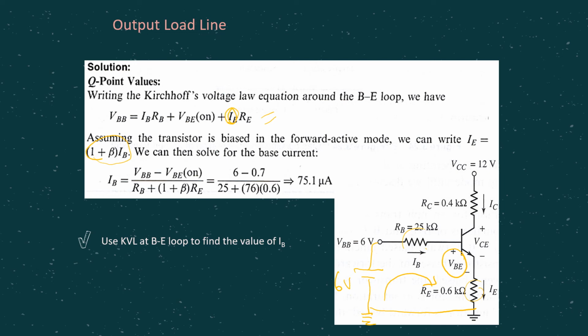Because now in this KVL equation we have two unknowns, IB and IE, we can replace IE with beta plus 1 times IB. Accordingly, we can solve this equation, where we find the value of IB in this case is 75.1 microampere.